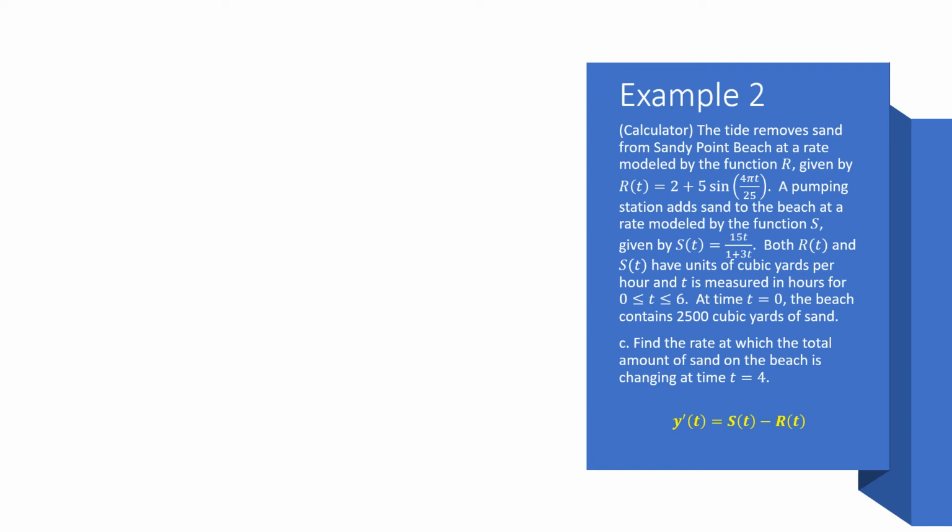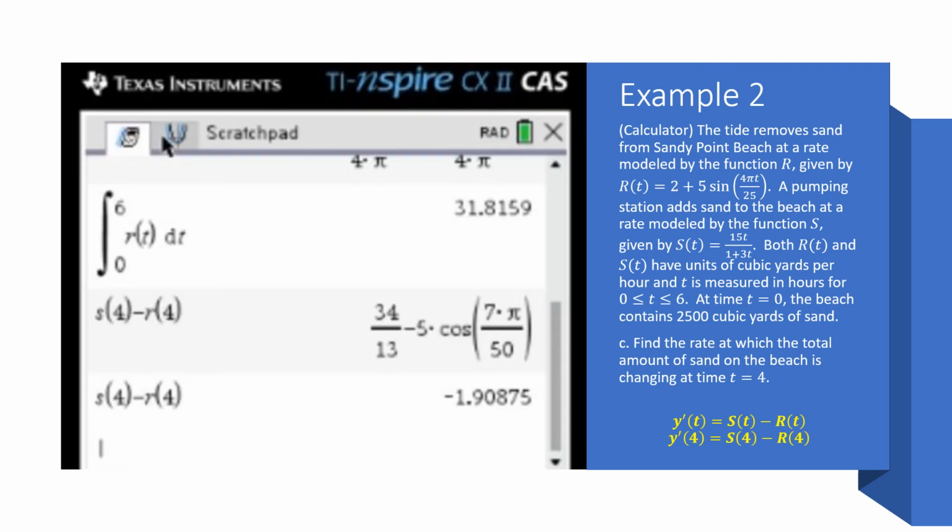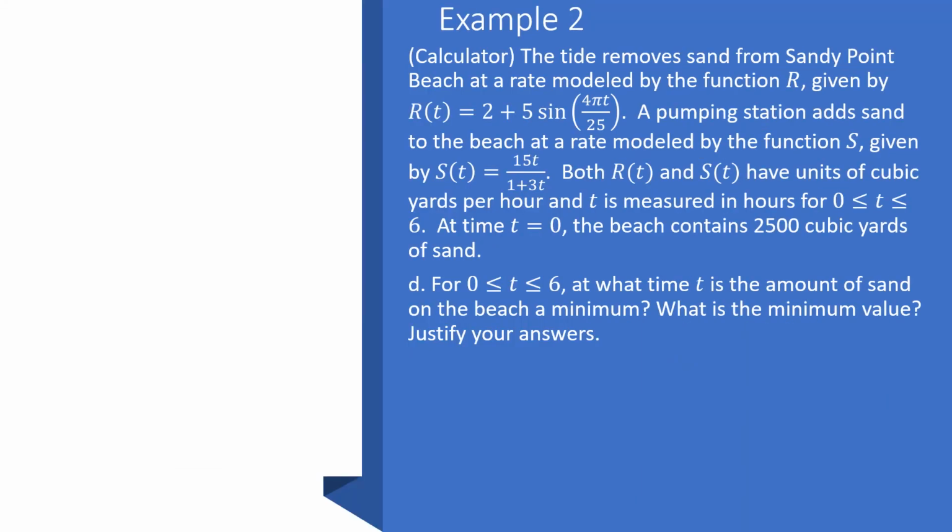If I want it at time 4, I'm going to do y prime of 4, which would be s of 4 minus r of 4. I plug that into my calculator and I get the approximate answer of negative 1.909 yards cubed per hour. Notice that my units this time, since it's an actual rate, is per hour.